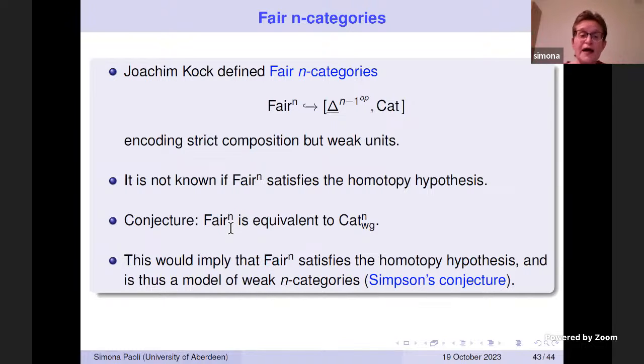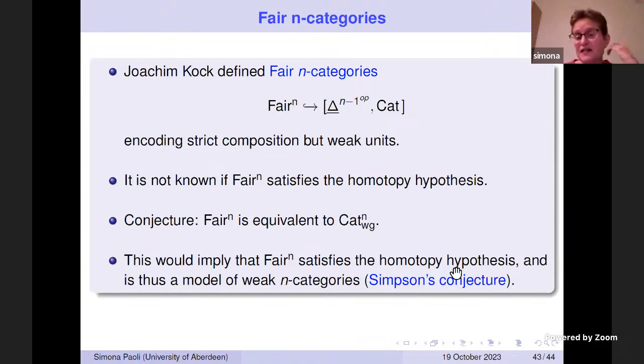Not in a straightforward way, because you can see this also very clearly in the book that I've written. There's a jump in complexity from n equals 2 to n bigger than 2. This is quite often the case in higher category theory. My hope is that either me or somebody else sometime in the future will prove this, and this would open, I think, a lot of further insight.